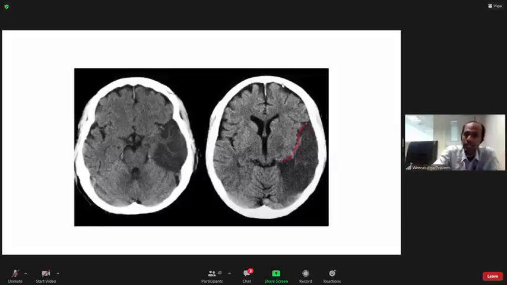You can see this very nicely, and you can see that the infarction corresponds to the middle cerebral artery vascular territory. So it's always important when you see an infarction on a CT scan to mention in what vascular territory this infarction is in. In this patient, it is in the middle cerebral artery territory. This is an MCA infarct. Okay.